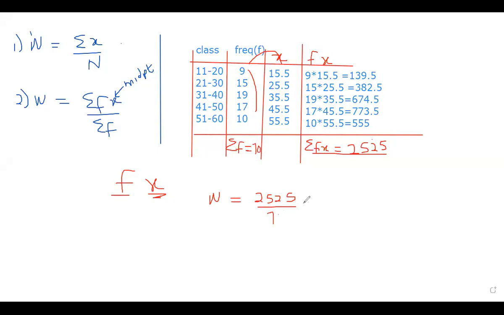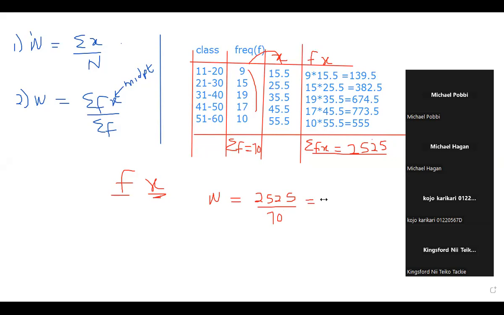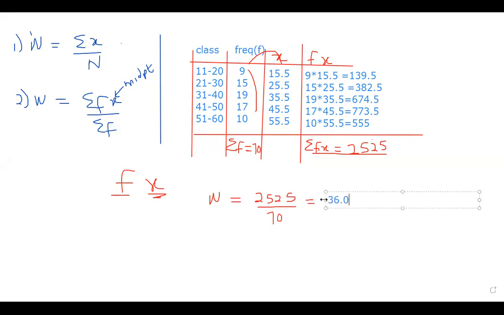Good. So let's do the division. That will be 2525 divided by 70. What do we have? That will be 36.0714.